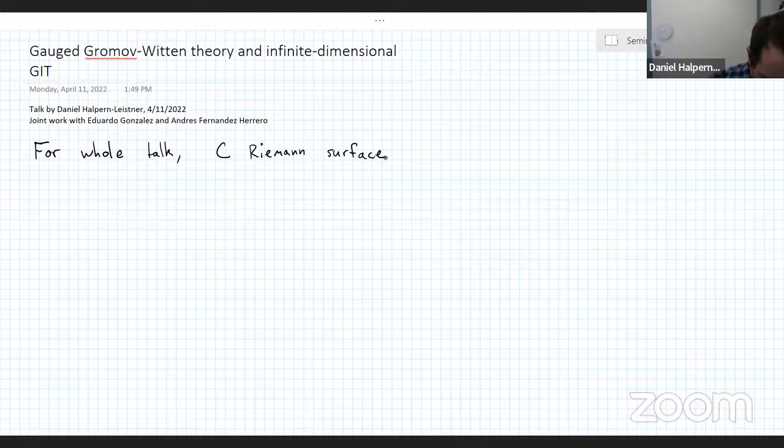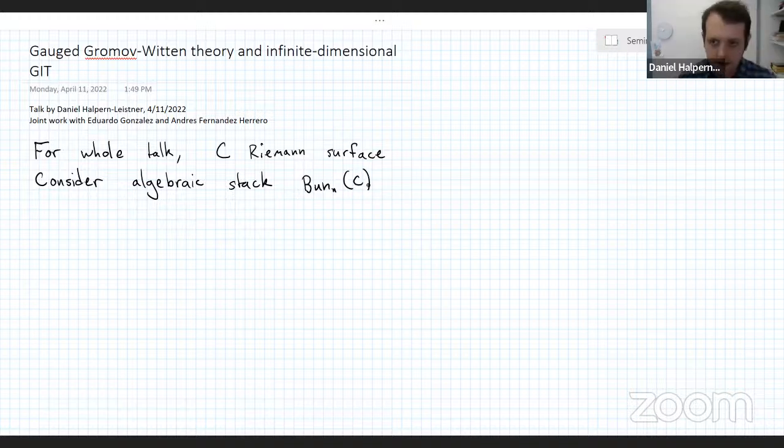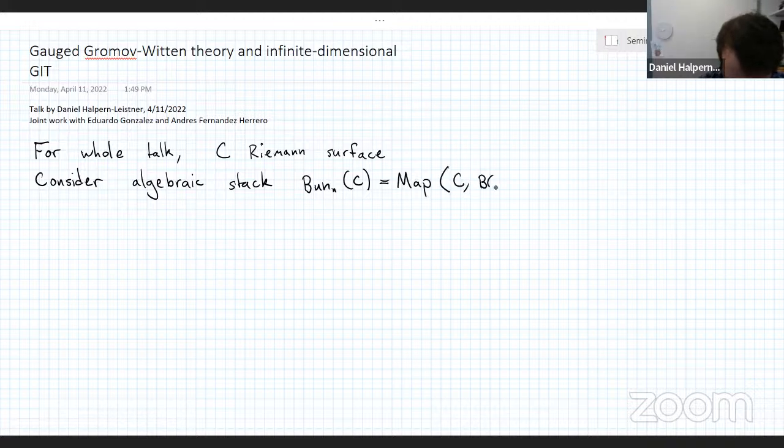And we're going to consider the algebraic stack, just to warm up, the algebraic stack of vector bundles of rank n on C. This is what's called a mapping stack in algebraic geometry. This is the stack of maps from C to BGL_n.